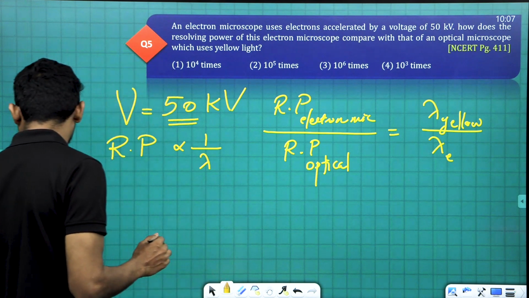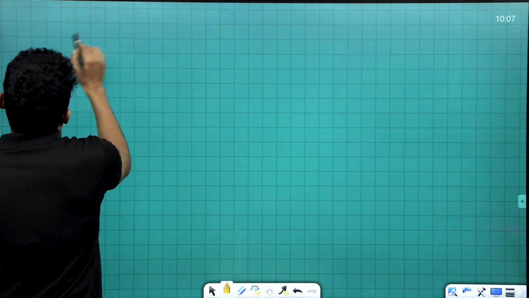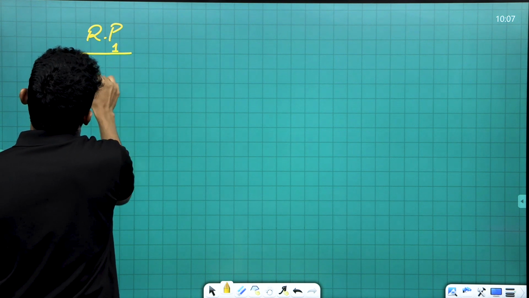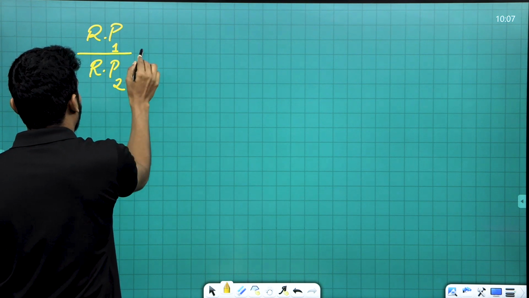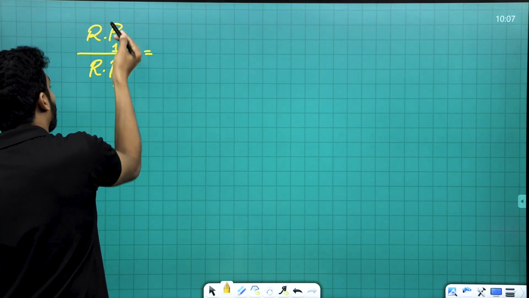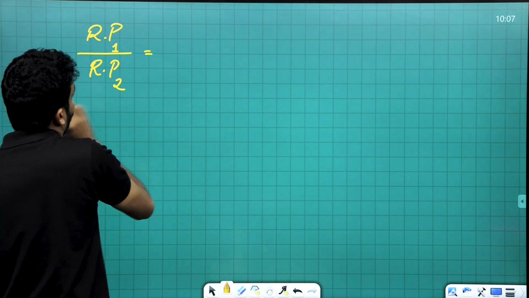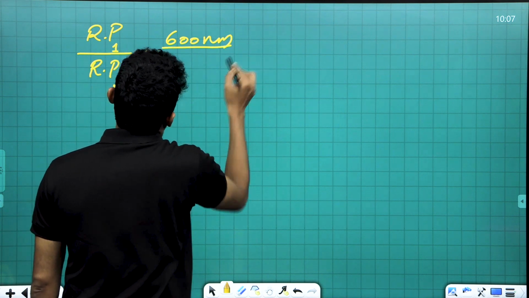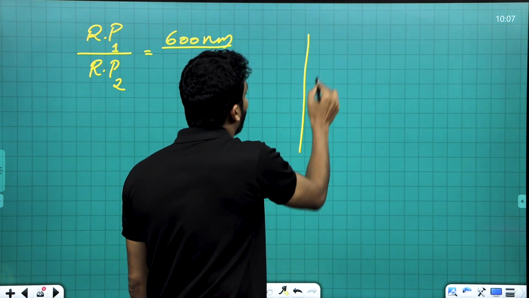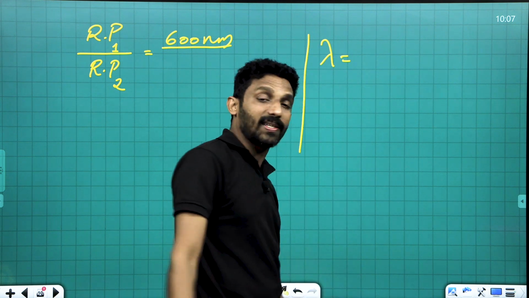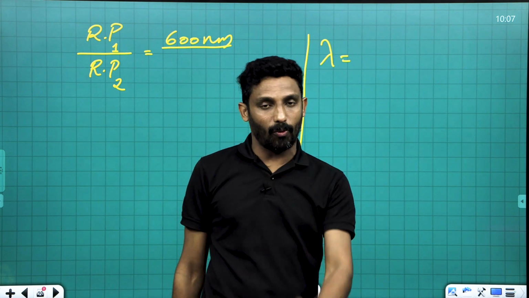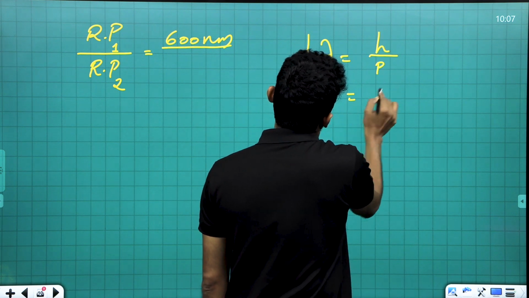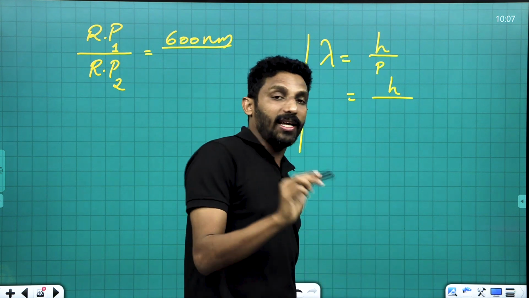So the resolving power of the electron microscope to the optical microscope is equal to 600 nanometer divided by the lambda of the electron, which is accelerated by 50 kilovolt. Lambda is equal to h by p, that is h divided by linear momentum.